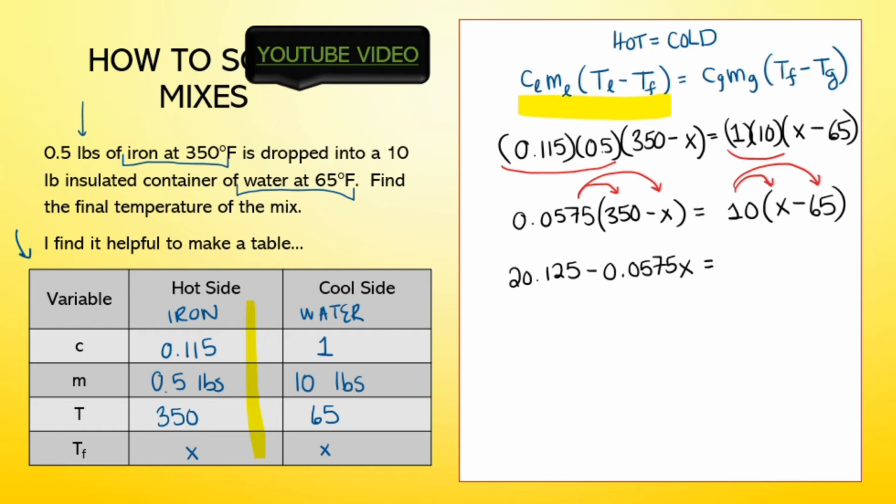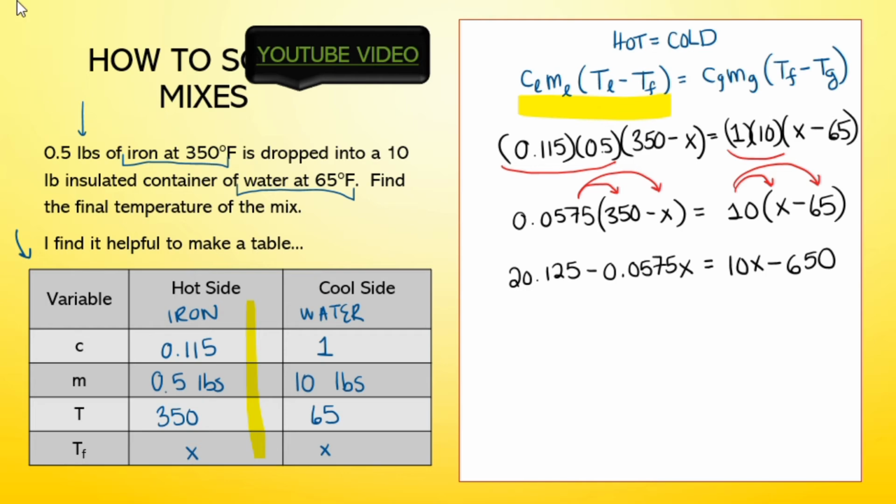And on the right side, 10 times x, they can only smash together. And negative 65 times 10. So if you're struggling with this, check out some videos on algebra. Khan Academy is great. Or follow the method, right? Follow what I'm doing. Get used to it.